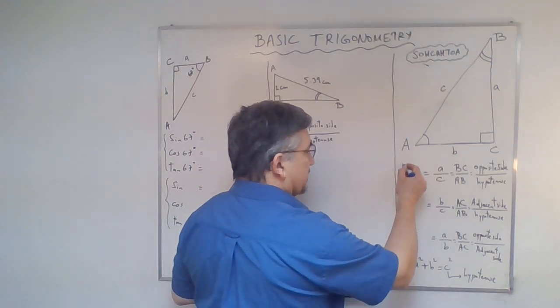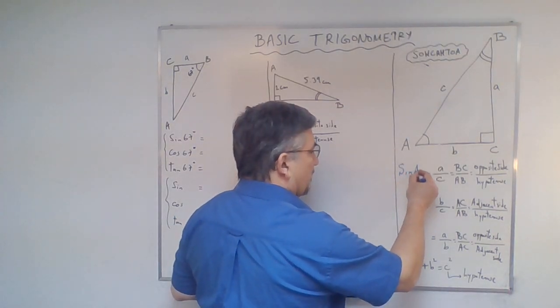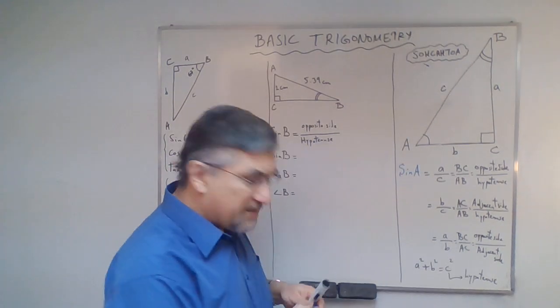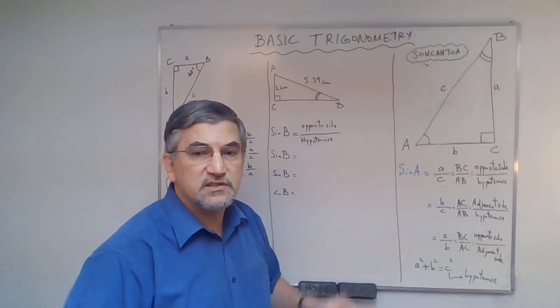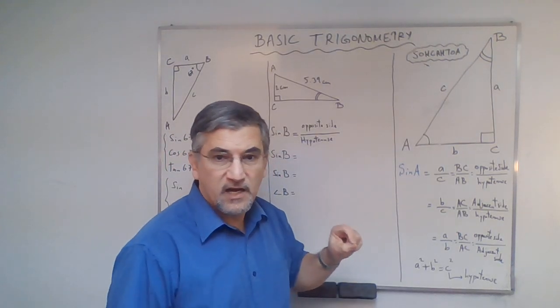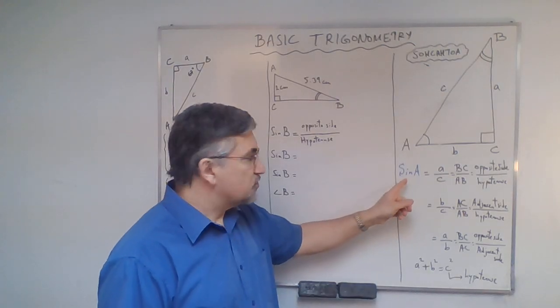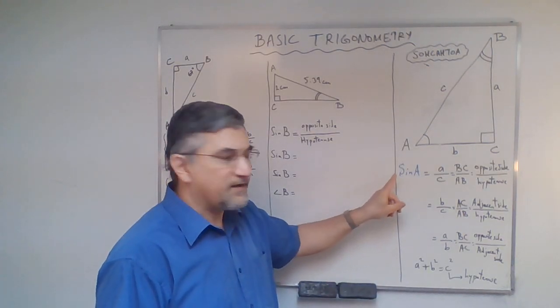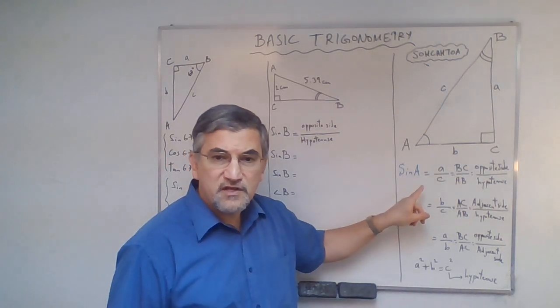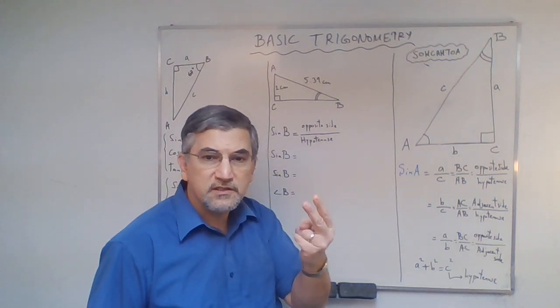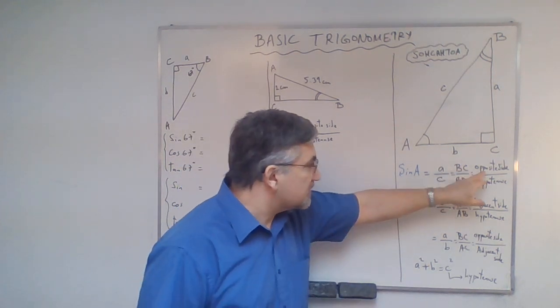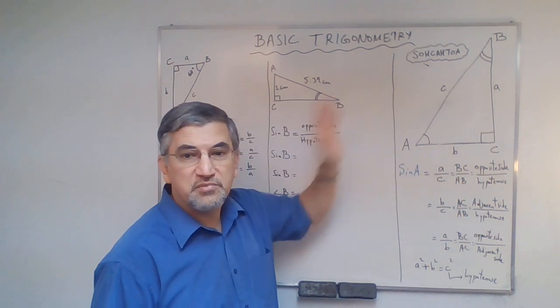So I'm going to write down here sine of angle A. The name is sine, the symbol is sin, S-I-N. I repeat, the name is sine, but the symbol is S-I-N. So we read this as sine of angle A, and that is nothing but the ratio of two sides. What two sides? Opposite side over hypotenuse, period.